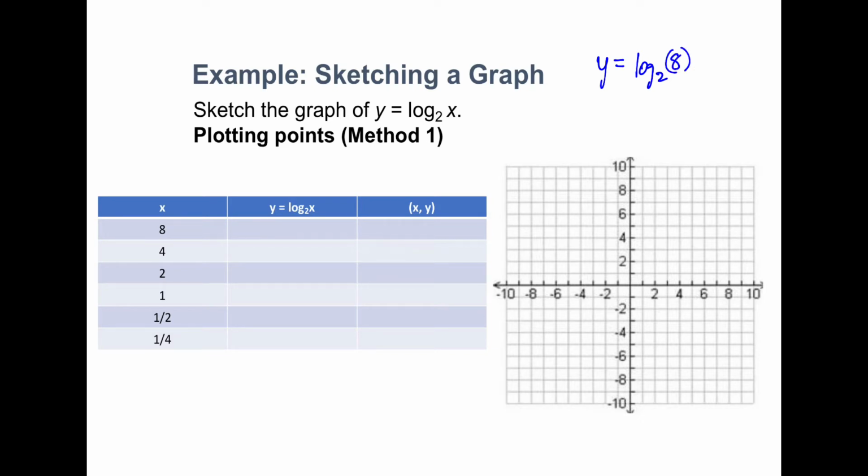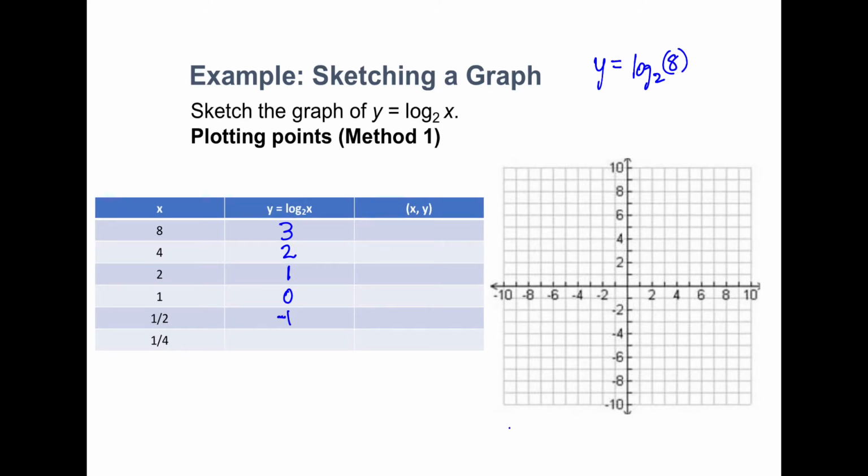So in other words, 2 to what power gives me 8? And that would be 2 to the third power. And then for 4, we think 2 to what power gives me 4? Well, 2 squared. 2 to the 1 gives me 2. 2 to the 0 gives me 1. And then we have -1 and -2.